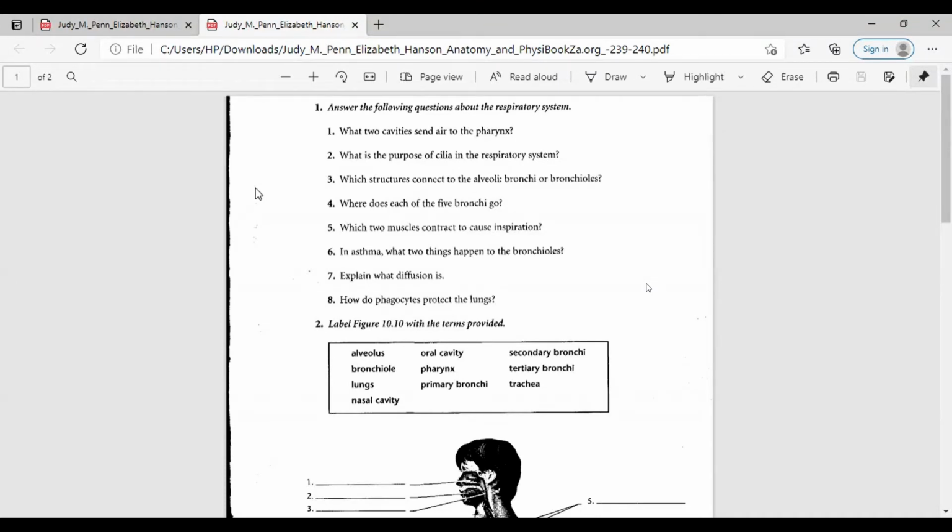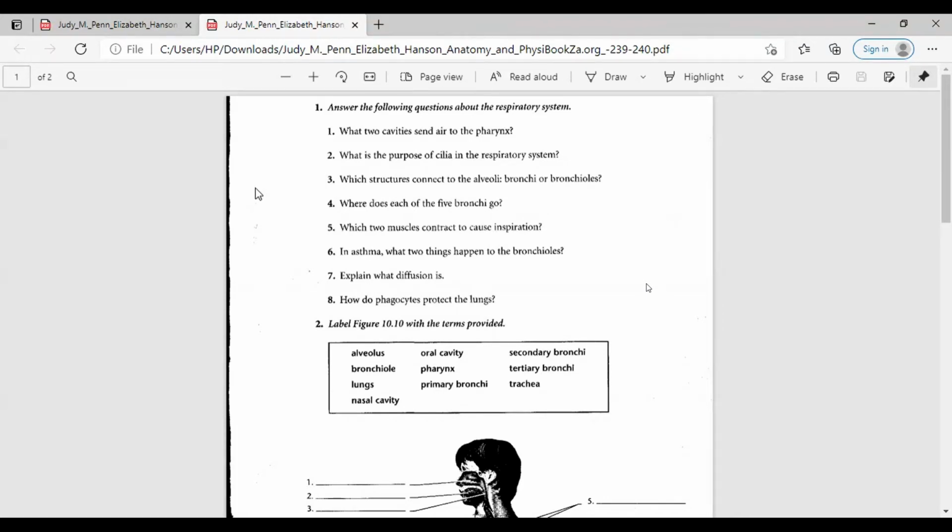Number 1, what two cavities send air to the pharynx? Number 2, what is the purpose of cilia in the respiratory system? Next, the alveoli, bronchi or bronchioles. Number 4, where does each of the 5 bronchi go?